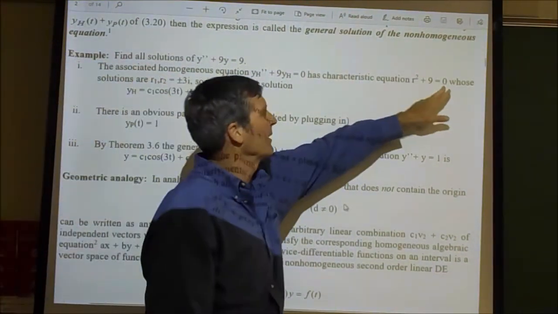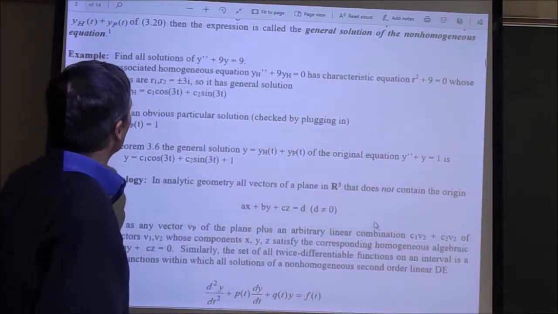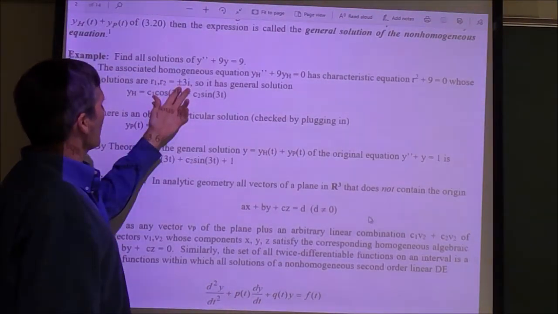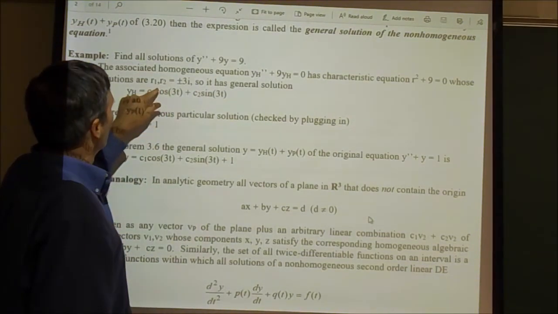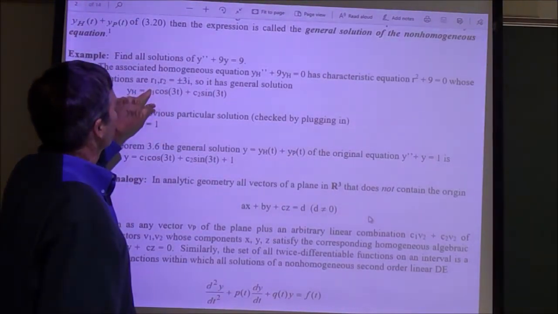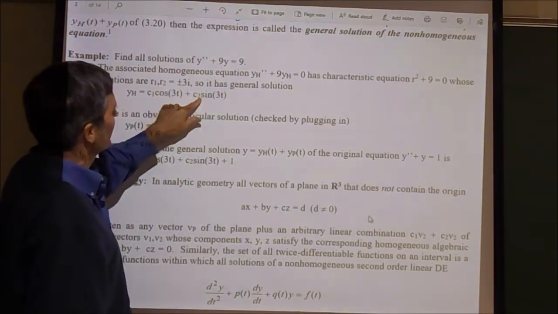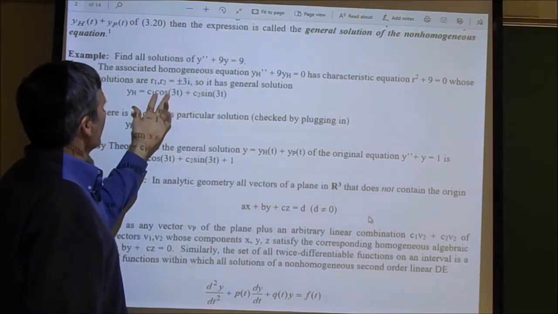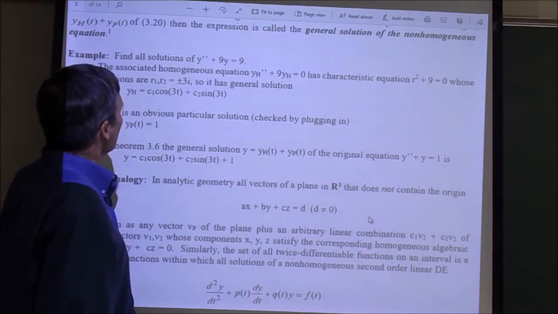You can subtract 9 and square root both sides to find that, or you use the quadratic formula. And so we know from our previous theory that it has general solution c1 e^(0t) cosine 3t plus c2 e^(0t) sine 3t. It's just c1 cosine 3t plus c2 sine 3t.